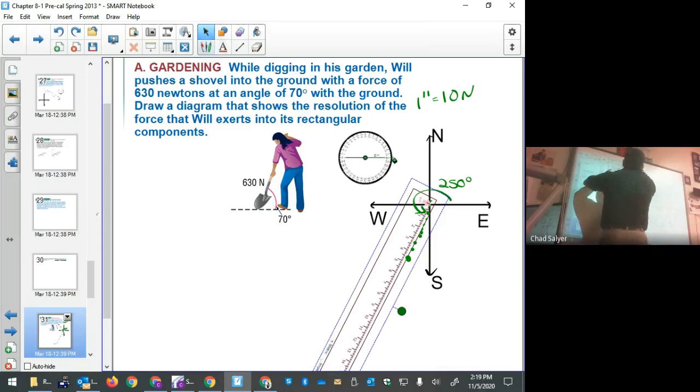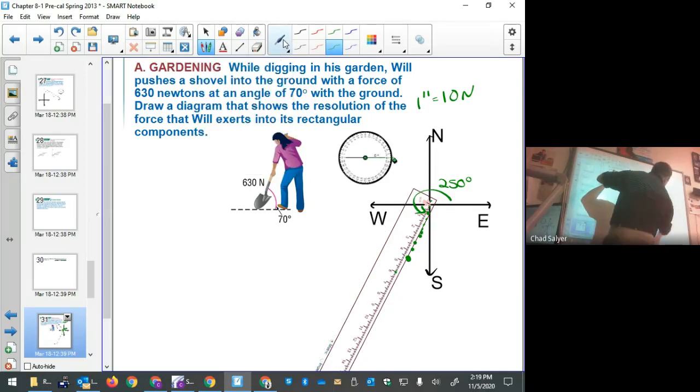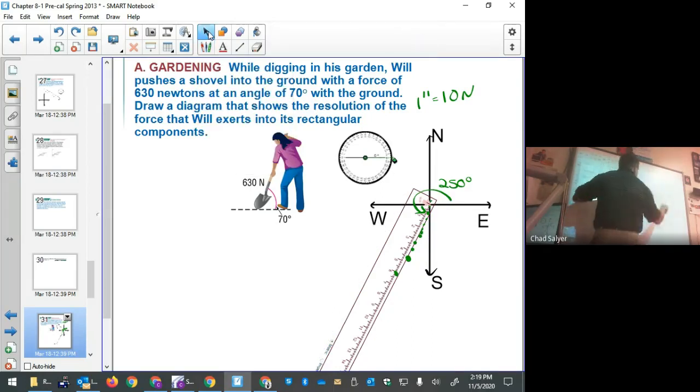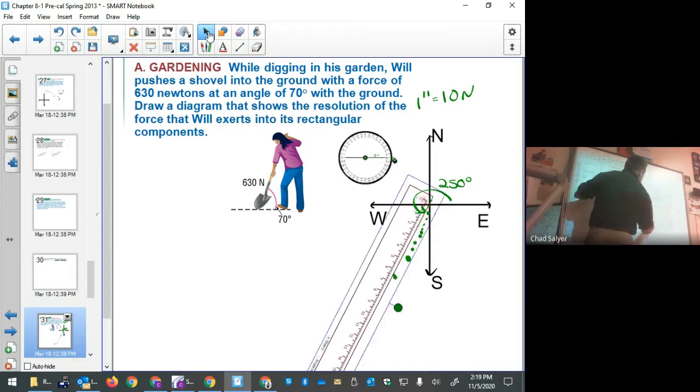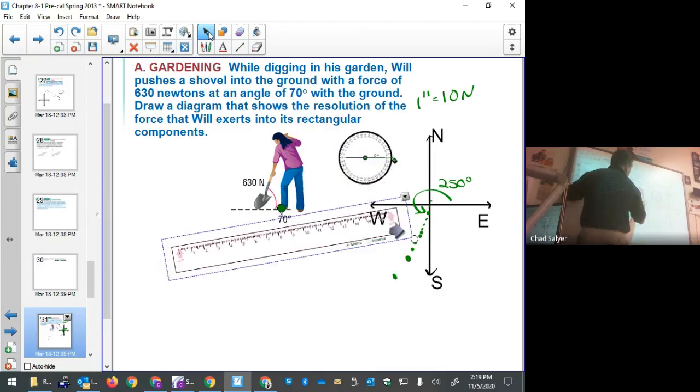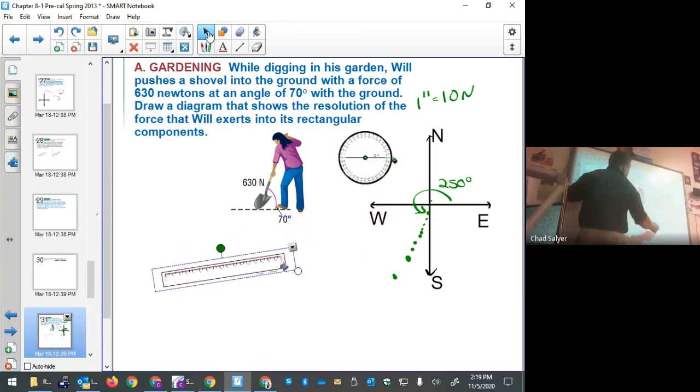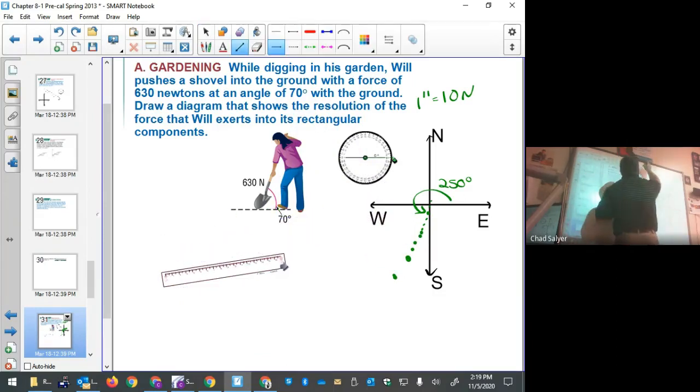So somewhere like there. Well, calibration got me, but something like that. So that would be the terminal point. So this is the vector.